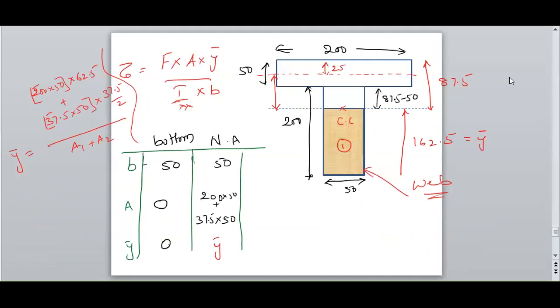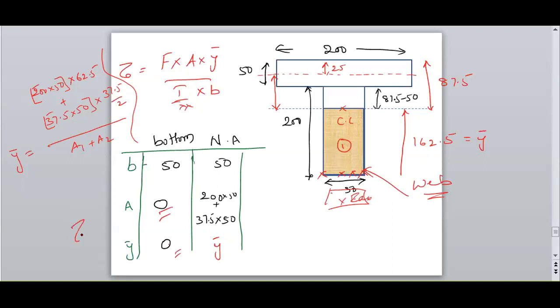Now, I need to move the EF line from the bottom. So from the bottom, the area below this EF line is 0 and Y bar will be 0.